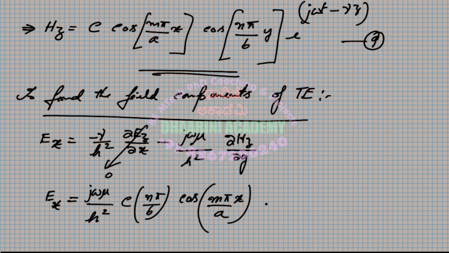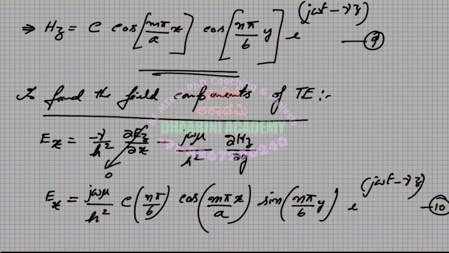Cos differentiation gives a minus sign, which is already taken care of, so I simply write sine of n pi by b into y. Then the e to the power j omega t minus gamma z remains as it is; you are not going to differentiate that. So that is equation number 10.